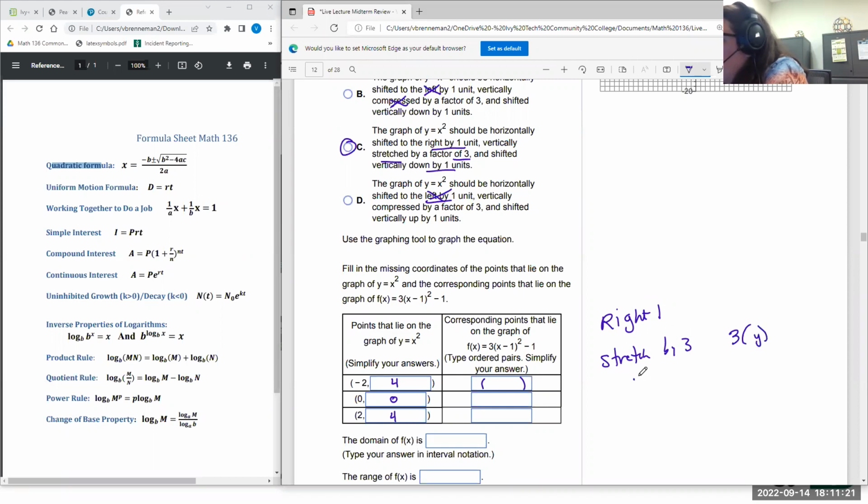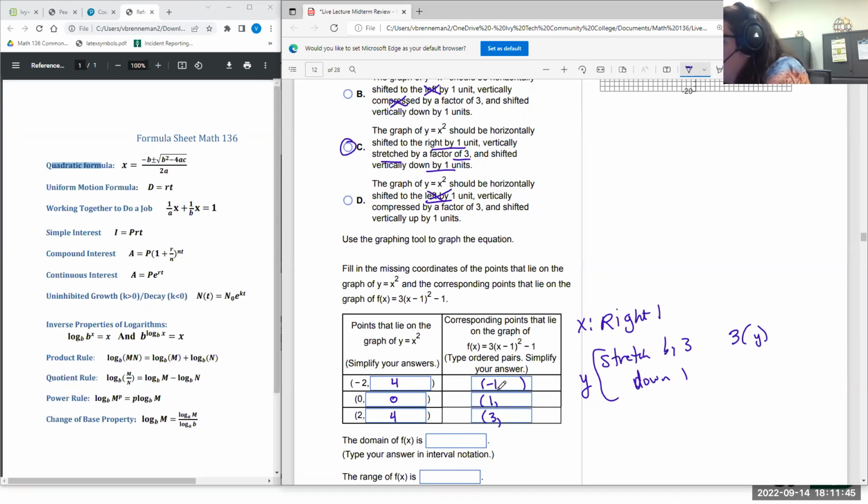And then we have the shift down 1. So the right one is going to affect the x, and the stretch and the vertical shift are going to affect the y. So the -2, when that gets shifted right 1, becomes -1. The 0 becomes 1, and the 2 becomes 3.